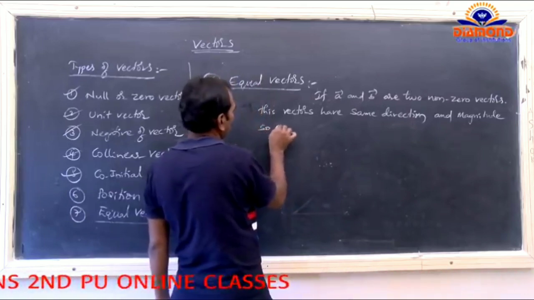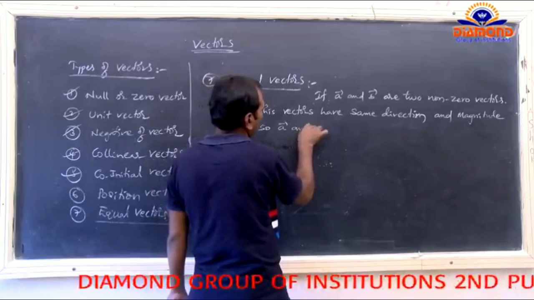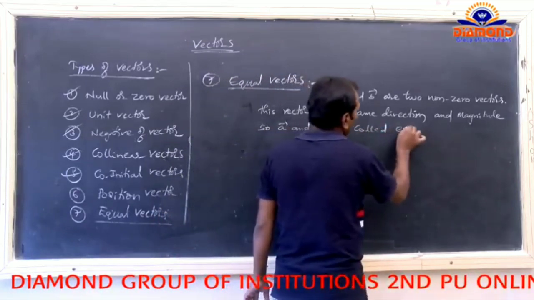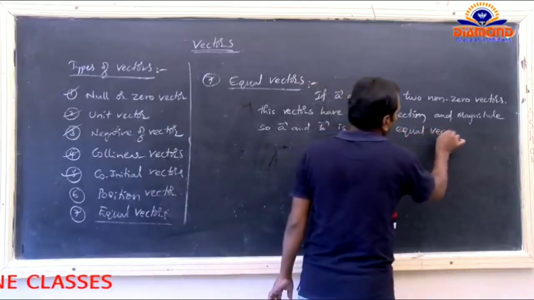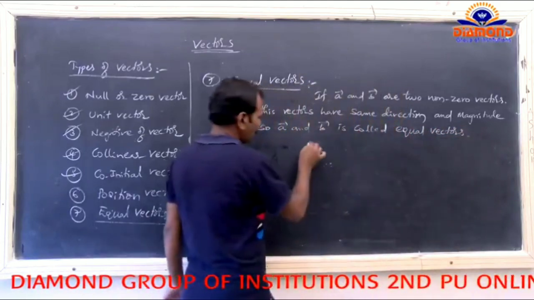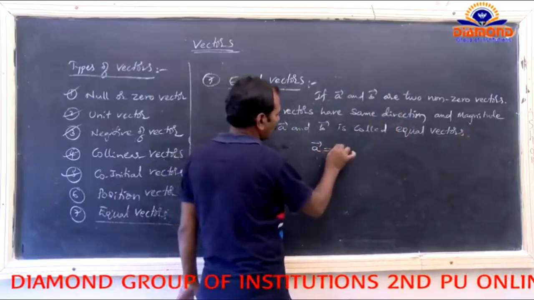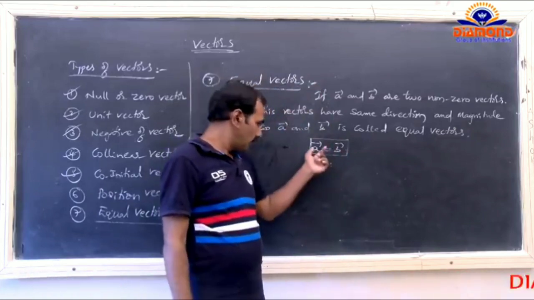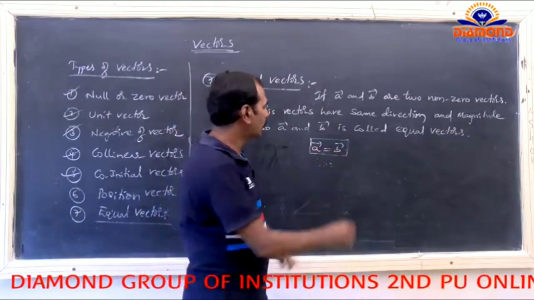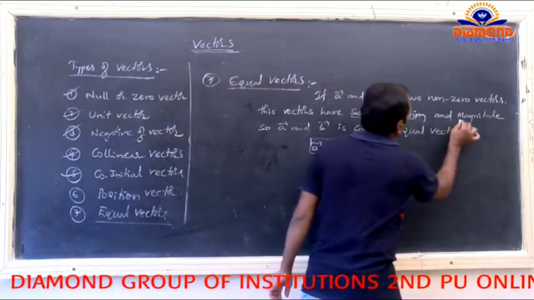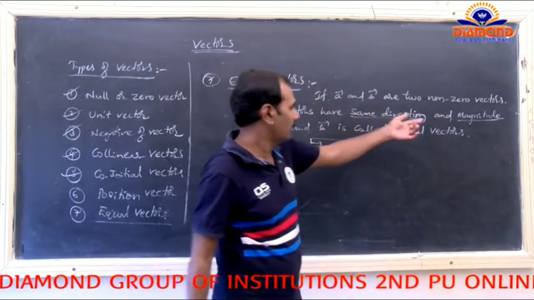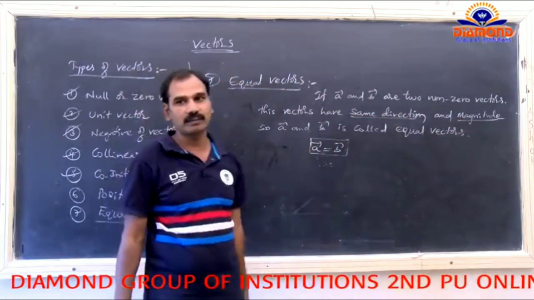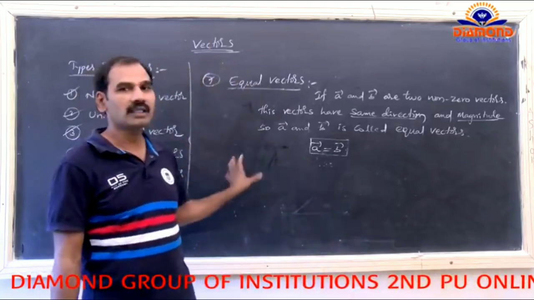So A bar and B bar are called equal vectors. So A bar is equal to B bar. Here same magnitude and same direction. These are called equal vectors. So types of vectors are complete.